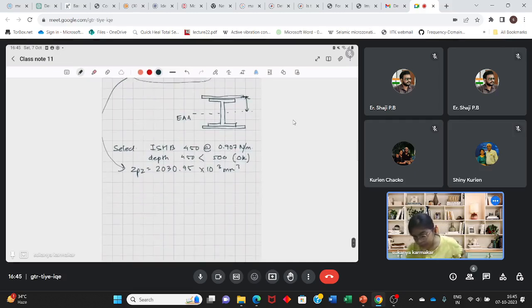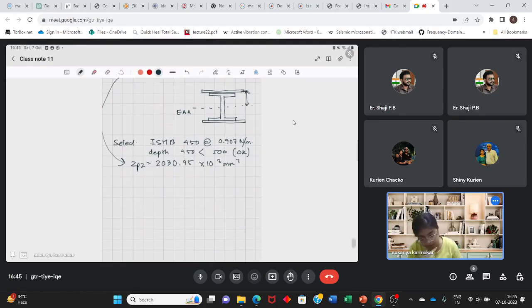So first we need to get an idea of how much extra plastic section modulus is required.